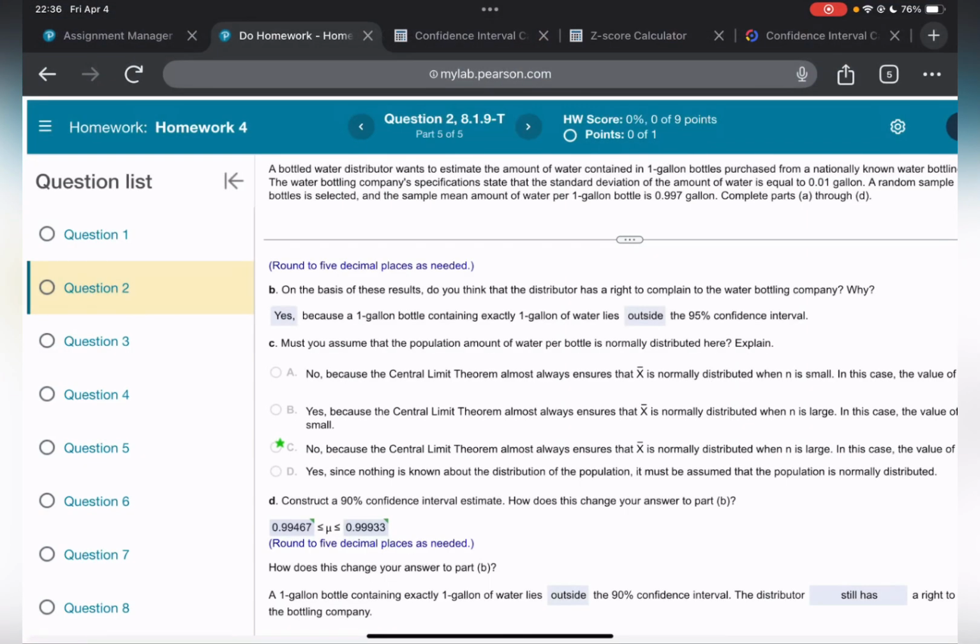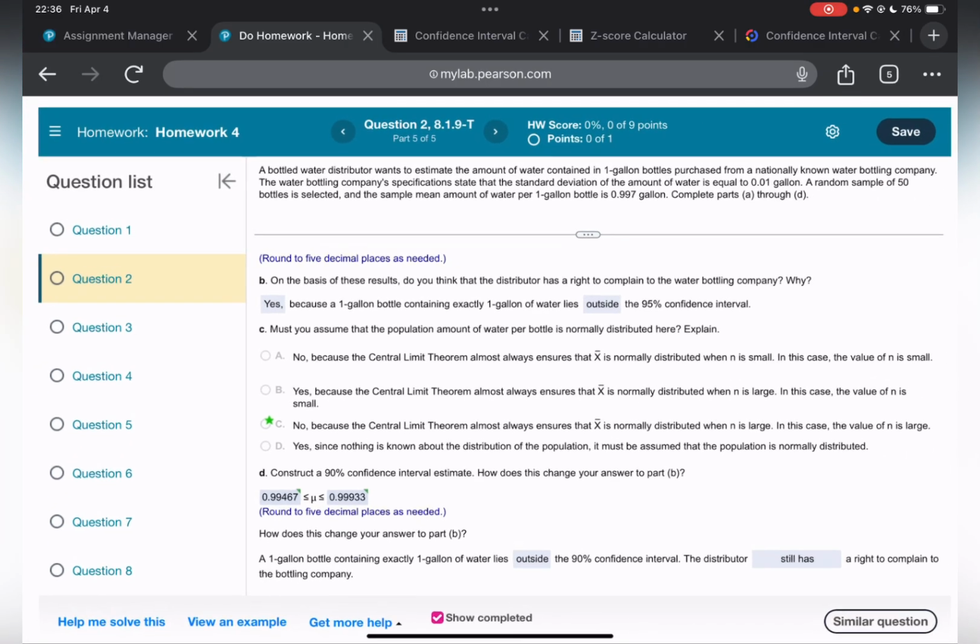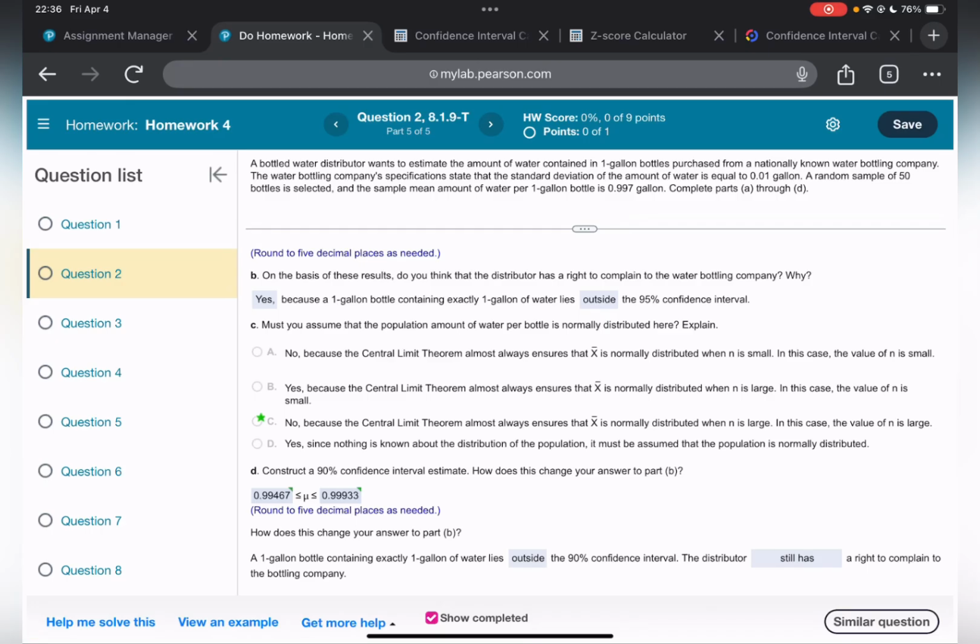All right. Therefore, although A is talking about the same thing, it says because the sample size is small, which is not the case. We use the central limit theorem in this case because the sample size is large.